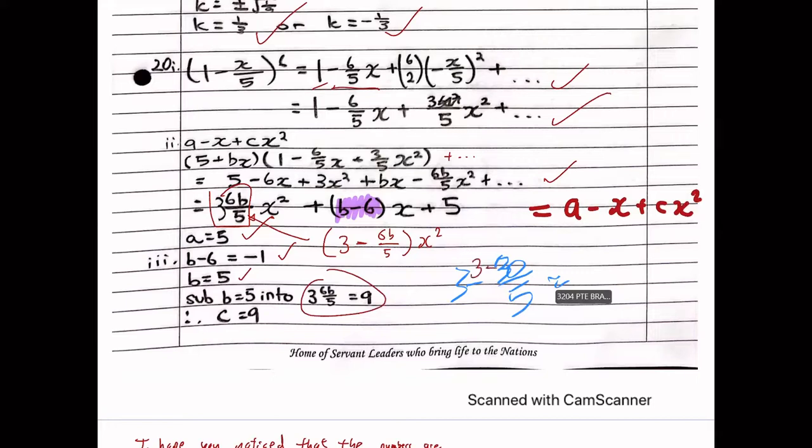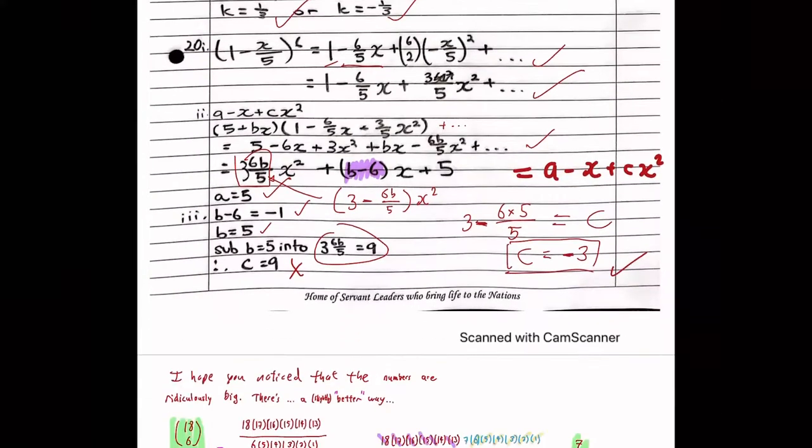Okay, I'm not sure what's going on, but it should be 3 minus 6 times b, which is 5, over 5. And then you equate it to c. Okay, 3 minus 6, -3. Yeah, so this is just a careless mistake. I don't know why this 3 minus 6b over 5 is wrong. Okay, so yeah, c equals -3.